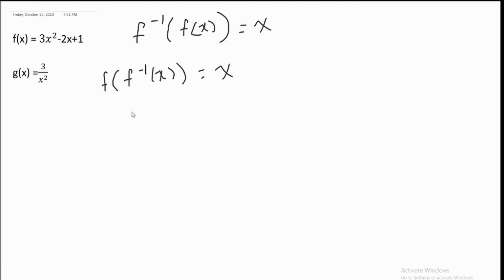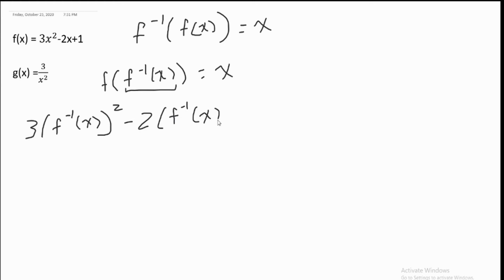Now recall from function composition that we can just plug in our f of x. We can treat this as our variable inside of our function. So this is equal to 3 times the inverse of x, squared, minus 2 times the inverse of x, plus 1 equals x. Right?